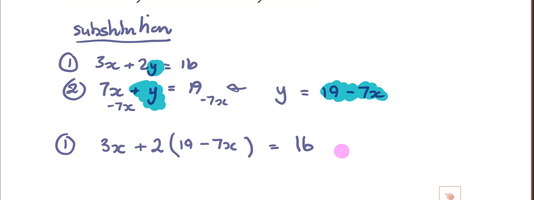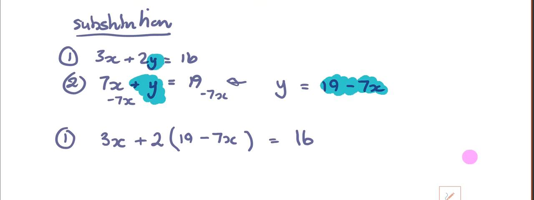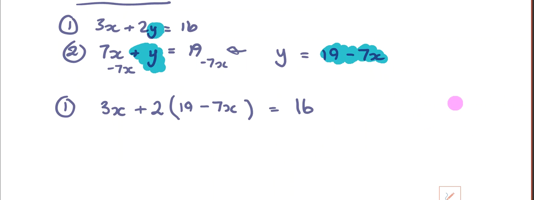That equals 16. All right? Is it coming back to you now? Now what we do is we expand the brackets. So number 2 is done. I don't want to use that again. All right? So I'm focusing on number 1. I'm just going to do 3x plus 2 times 19 is 38.